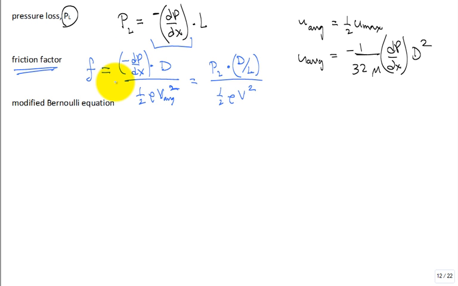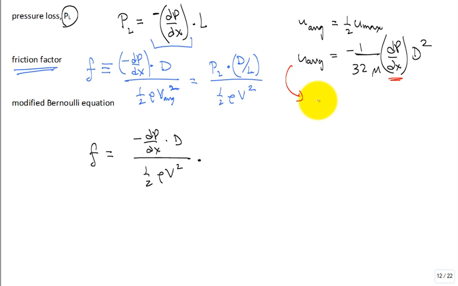Negative dP dx is pressure loss divided by the length. True? All right. Well, if that's the definition of the friction factor, it's the negative dP dx times d divided by 1/2 rho v squared. Can I substitute in for dP dx? Let me rewrite this.